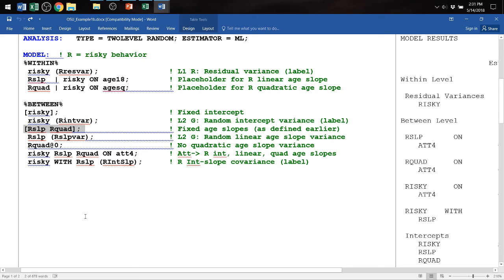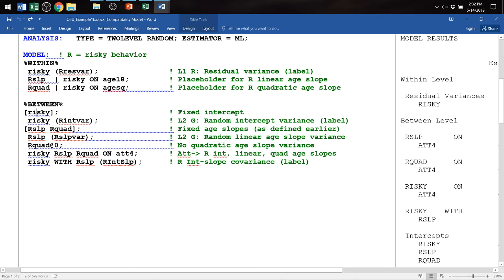A mean is for a variable that is not predicted, and an intercept is for a variable that is predicted. And what this refers to is the mean of these new variables that you've created, where the variable itself is the representation of this fixed effect. So it's like the mean of this term is the fixed effect for this term. The variance around it is the random slope or intercept variance that goes with it.